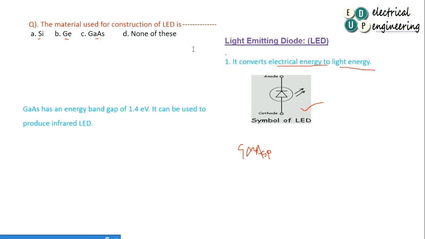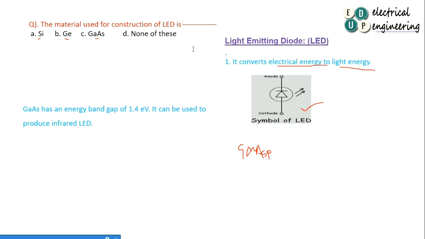It is made from a very thin layer of heavily doped semiconductor material. So it has long lasting capability, it requires low power, and its time response is very fast, and its switching capability is very fast. So it is used in indicator lamps and calculators also.